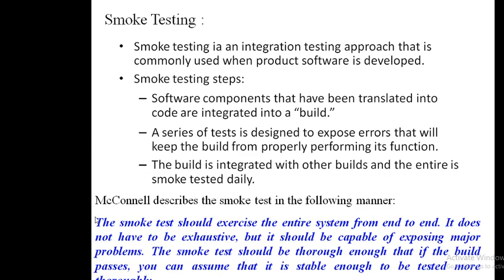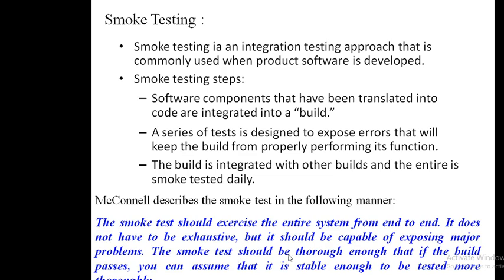About smoke testing, McConnell described it in the following manner: the smoke test should exercise the entire system from end to end. It does not have to be exhaustive, but it should be capable of exposing major problems.